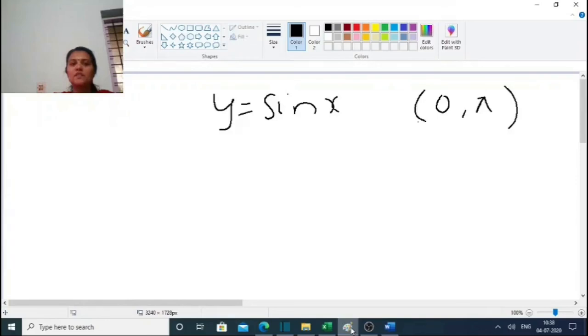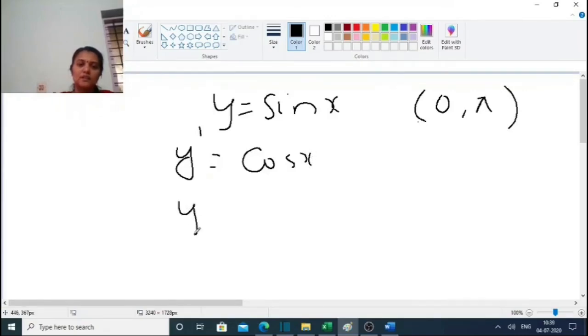Next problem is show that y equal to sin x is concave down on the interval 0 to pi, that is, 0 less than x less than pi. So we take the derivative of sin x, which is cos x, and the second derivative of this is minus sin x.